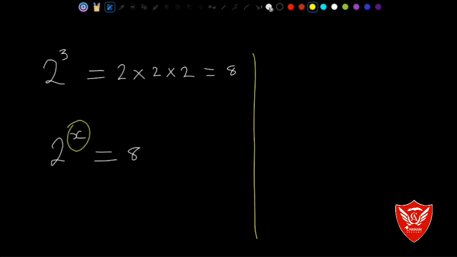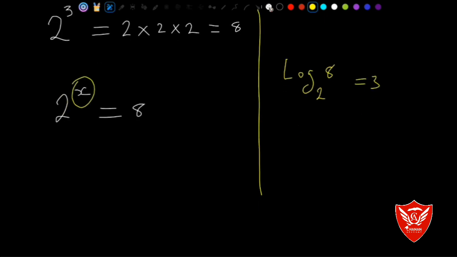So logarithm is saying if we have log of 8 base 2, what this means is that what is the exponent of 2 that is going to give us 8? That means what are we going to raise 2 to for us to have 8? And that will be 3. So what logarithm is asking is, if we have 2 as the base, the answer is 8, tell us what the exponent is going to be for us to be able to have 8.